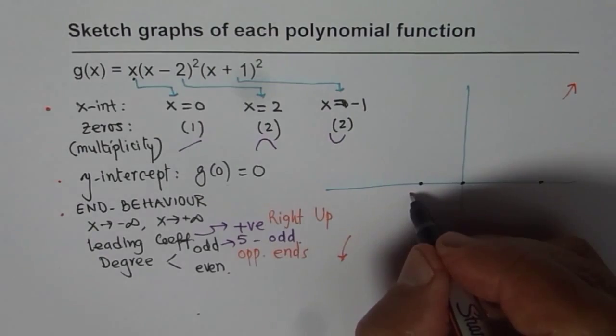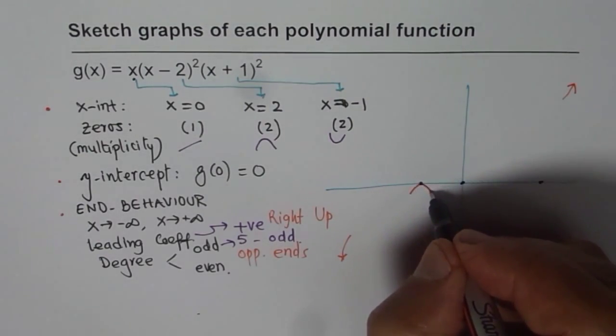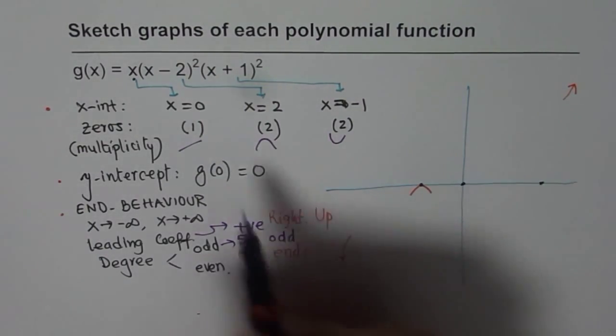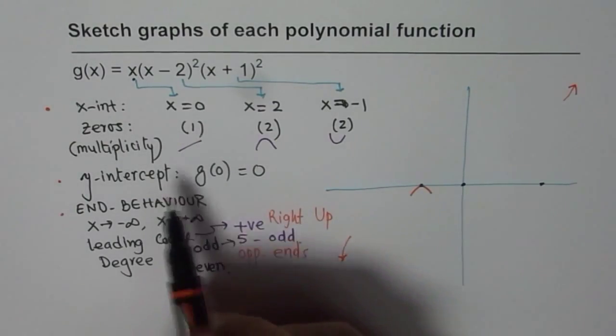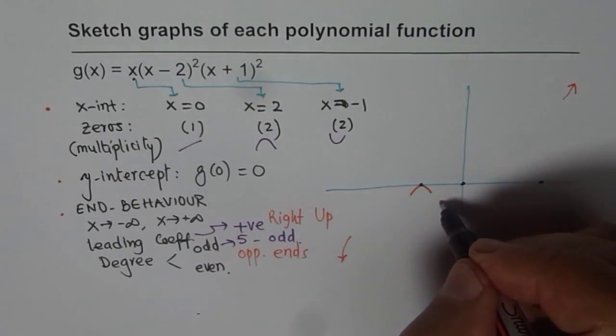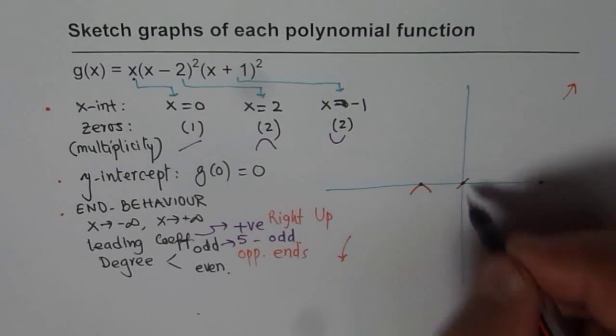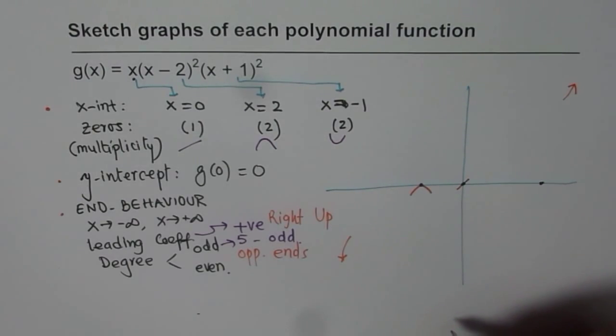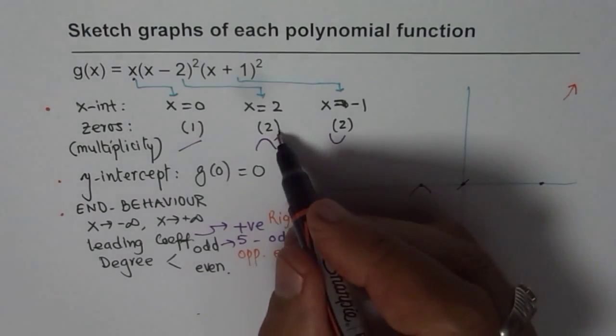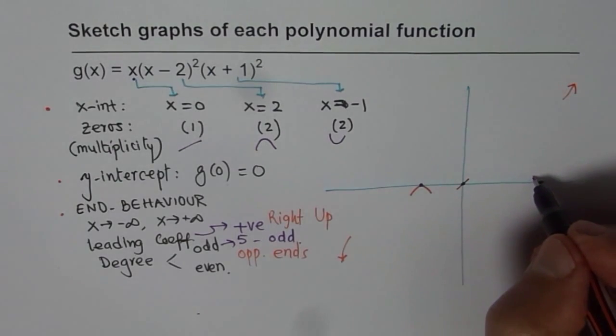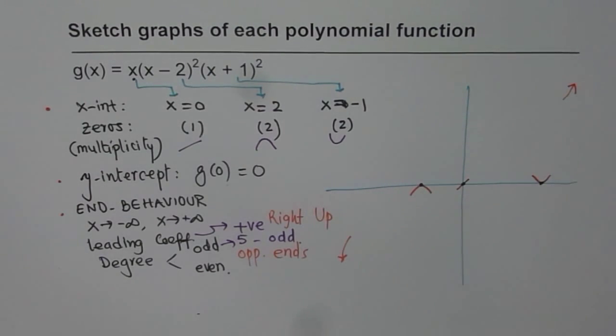At this point you cannot cross the line; you have to turn. At 0, multiplicity is 1, so you cross like a straight line. At 2, multiplicity is 2, even, so you bounce back. That is how the graph should be.